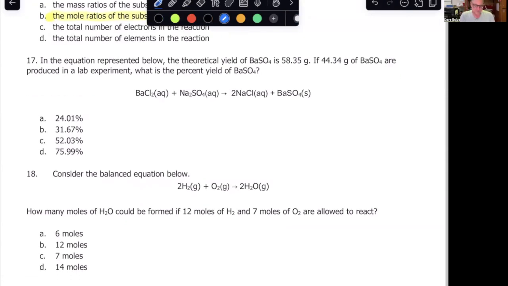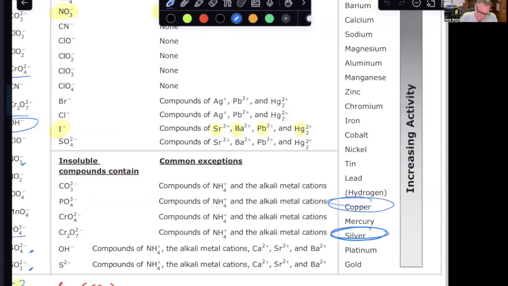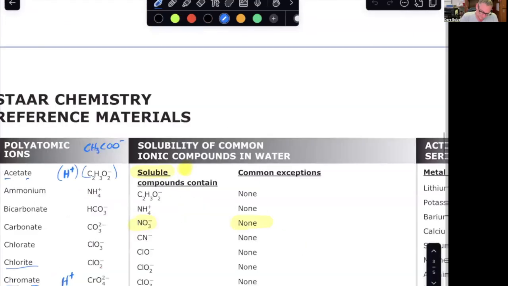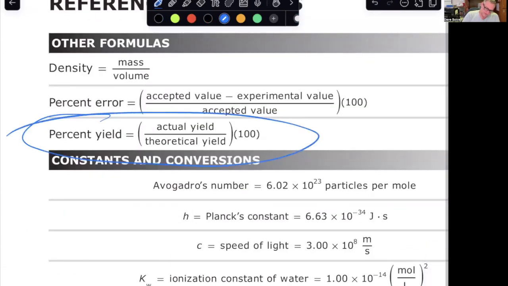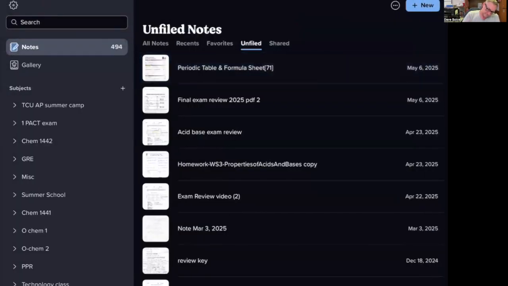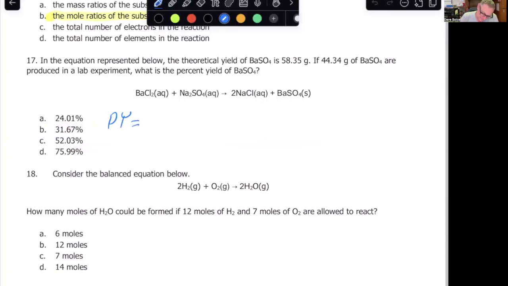Okay, percent yield. So we're out of stoichiometry. Let's see this real quick. So percent yield equals, this is actually in your formula sheet, actual yield divided by theoretical yield times 100. Okay, so this says that in the equation below, the theoretical yield is 58.34 and 44.34 is what you actually did.